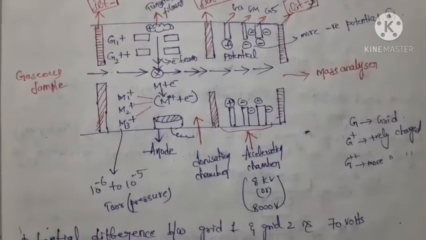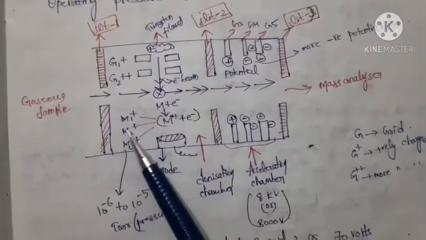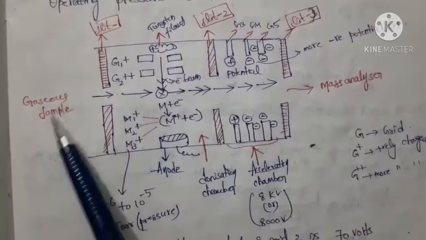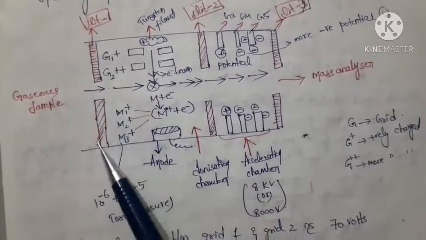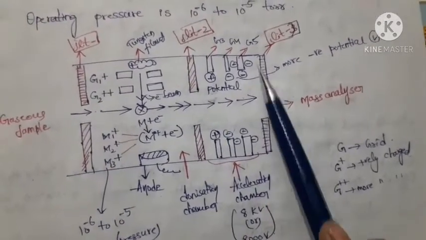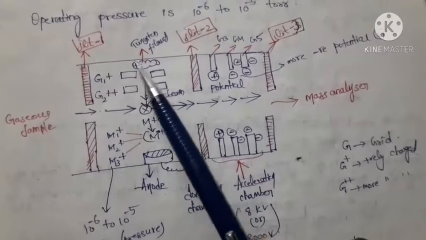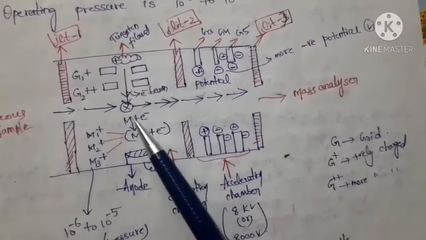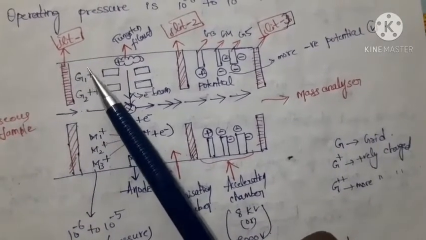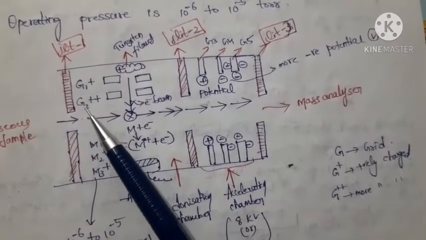Okay friends, let us try to understand this. This is slit 1, slit 2, slit 3. And this is the tungsten filament, from which the beam of electrons comes out. G is nothing but the grids, G-R-I-D, grid.